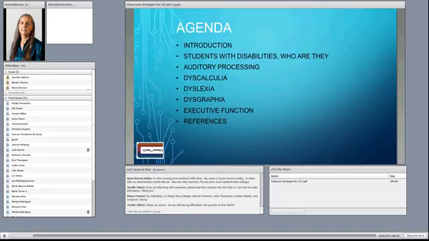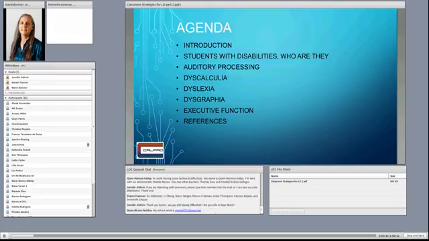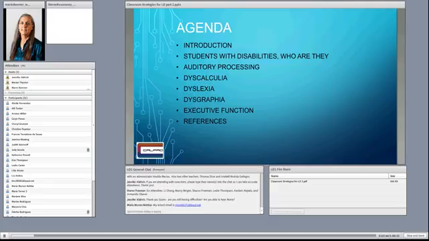So the agenda today is students with disability, who are they? And this is kind of a recap of what we did last time, just to put that out on the floor. And then we'll talk about auditory processing, dyscalculia, dyslexia, dysgraphia, executive function that goes along with learning disabilities often.